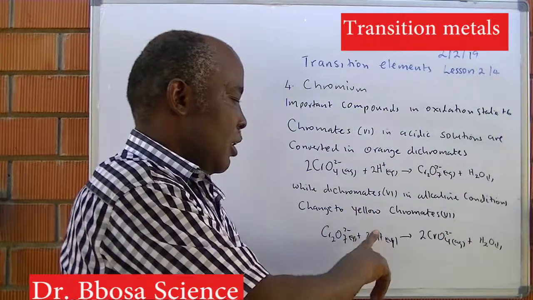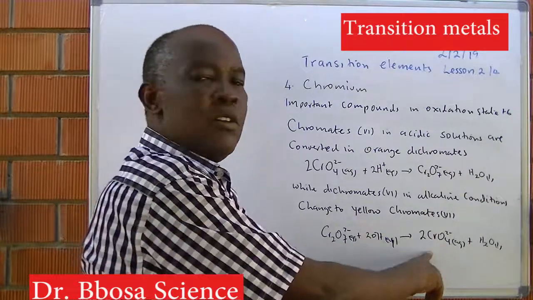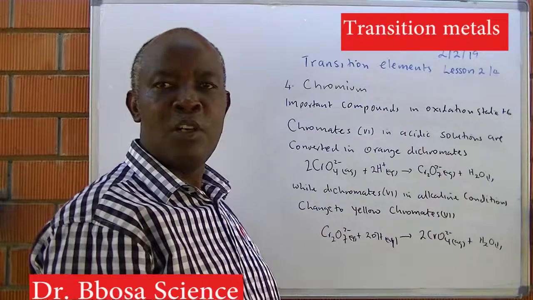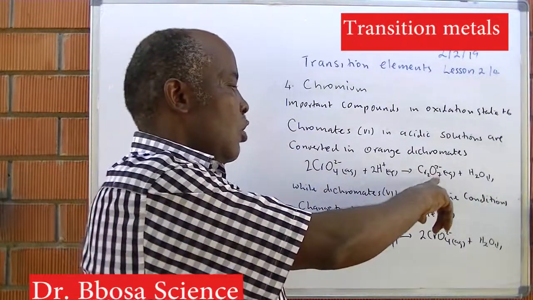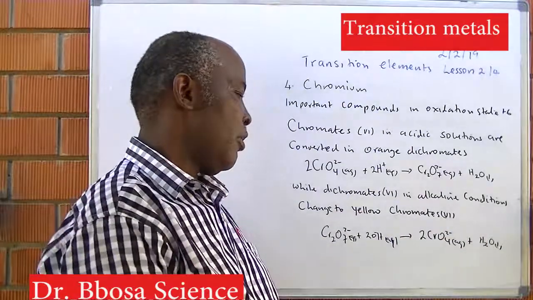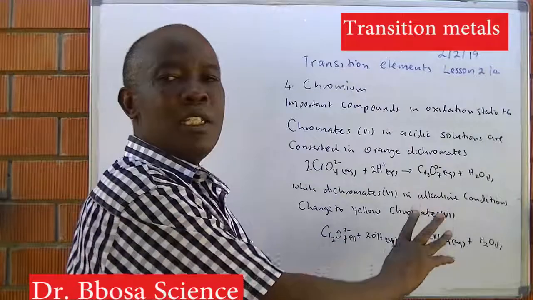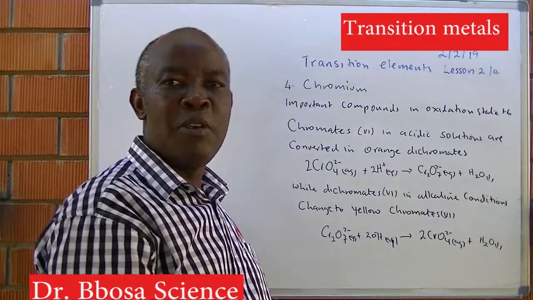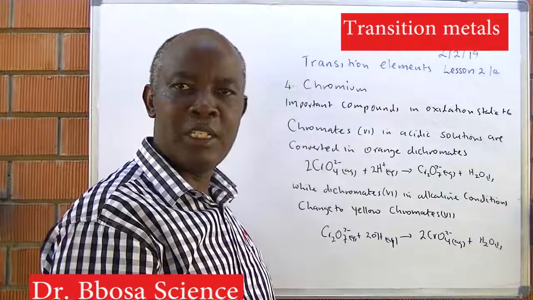When you add sodium hydroxide to the orange solution, it will turn to a yellow solution. So the observation will be a yellow solution turns orange, and then on addition of sodium hydroxide, the orange solution turns yellow. You may be required to write the accompanying equations.